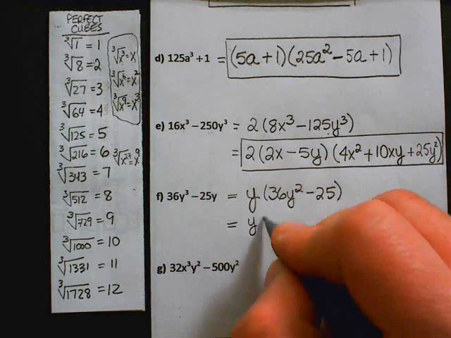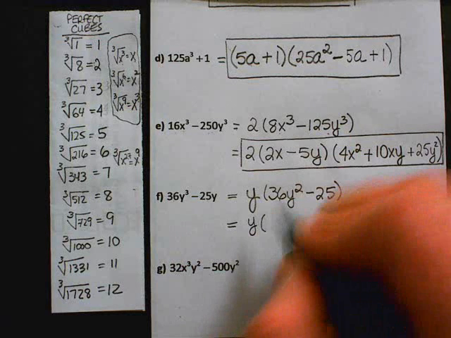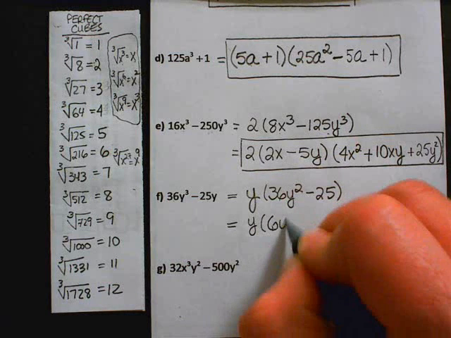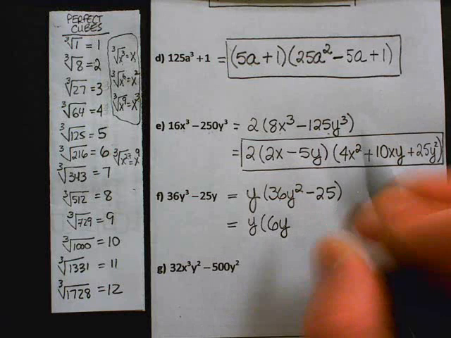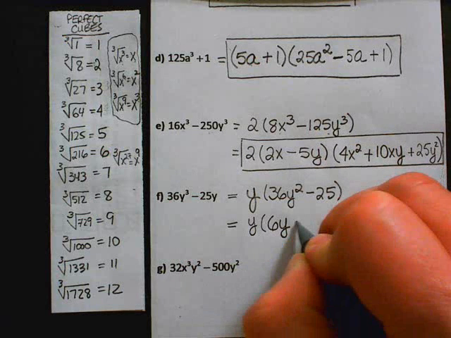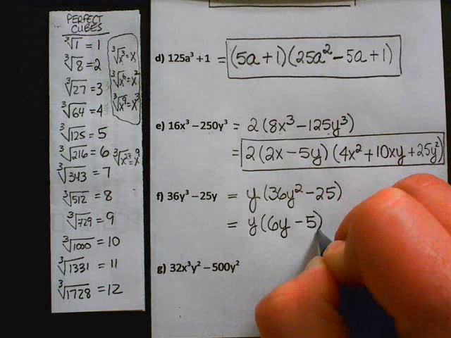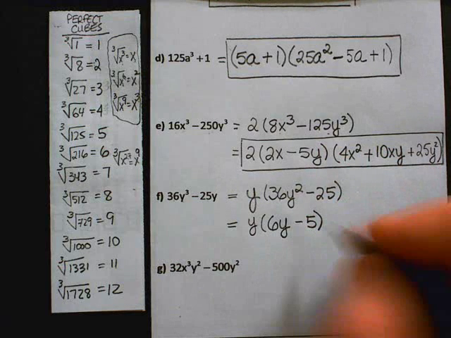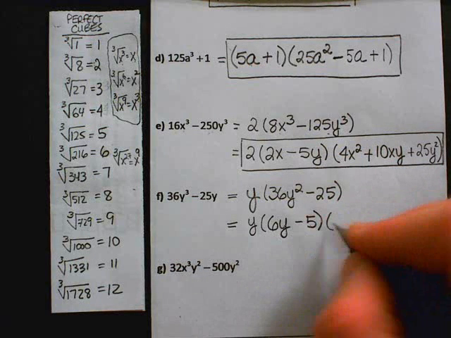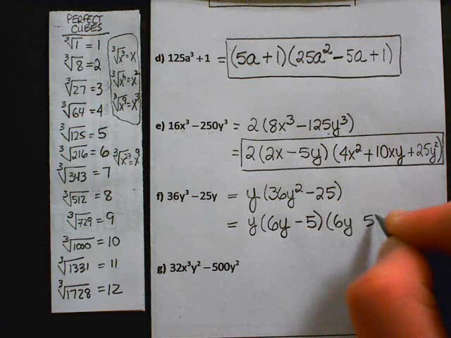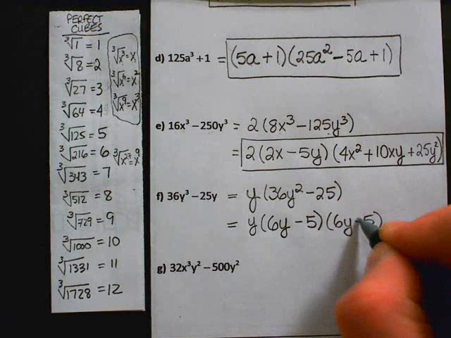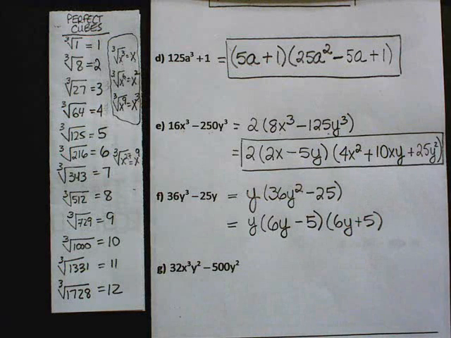The square root of 36y squared is 6y. The square root of 25 is 5. And then you copy the problem again, the 6y and 5 again, but instead of a minus, you're going to put a plus. And that's going to be our answer.